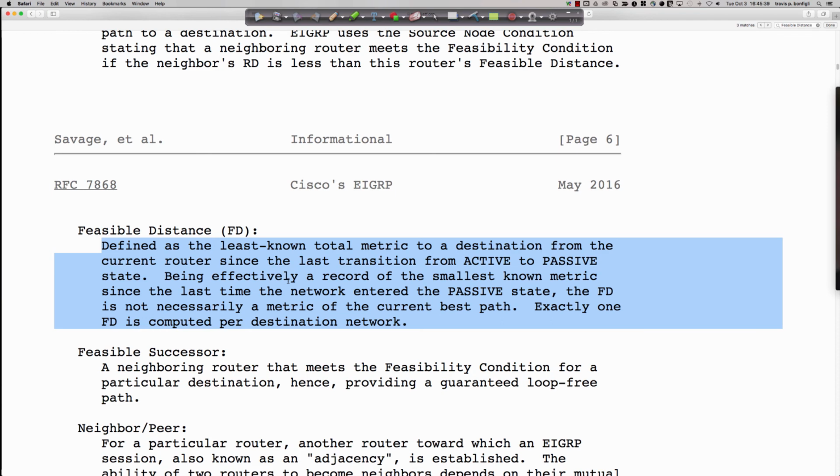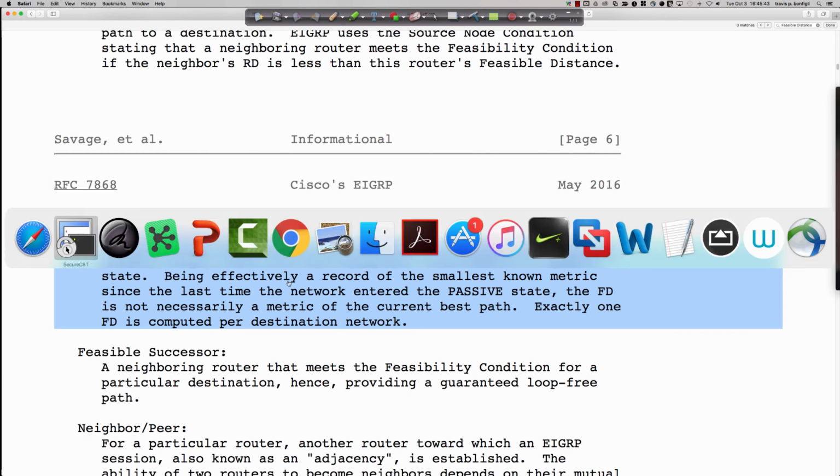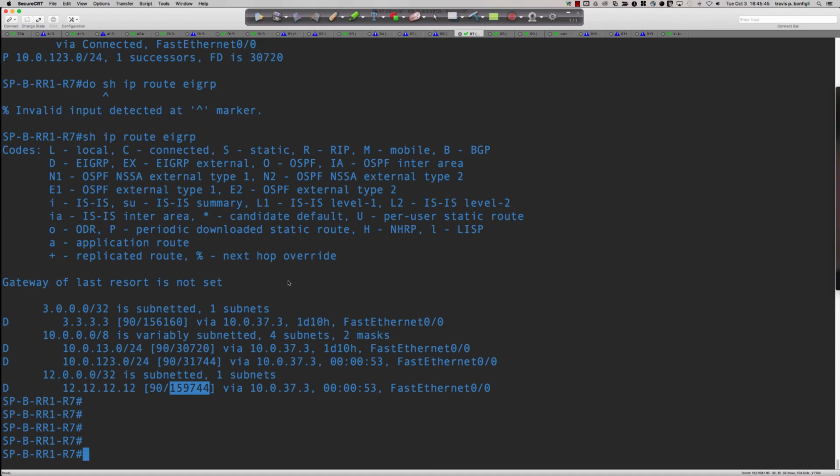The computed distance is. And so the feasible distance is nothing more than a historical record of what the best metric was at the given point from when that route last went from active to passive.